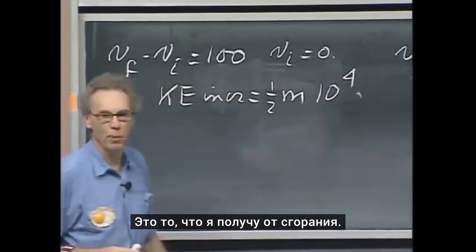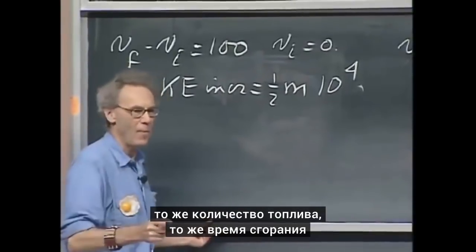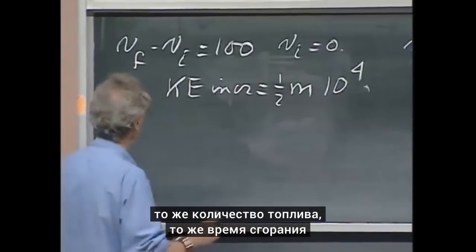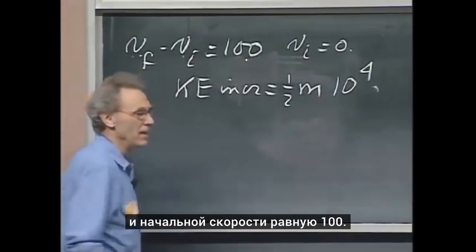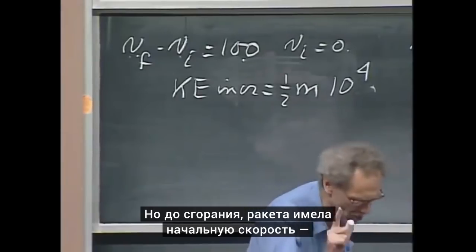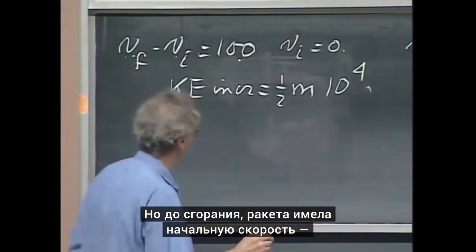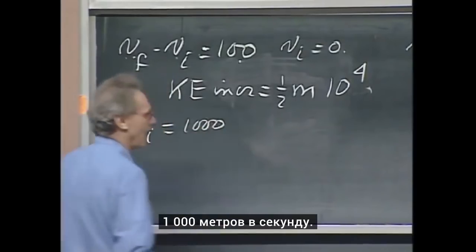That's what I got out of this burn. Now I use the very same rocket, the same amount of fuel, the same burn time, so I get again that the final velocity minus the initial velocity is still 100. That's exactly the same. But before the burn, this rocket had an initial velocity of 1,000 meters per second.